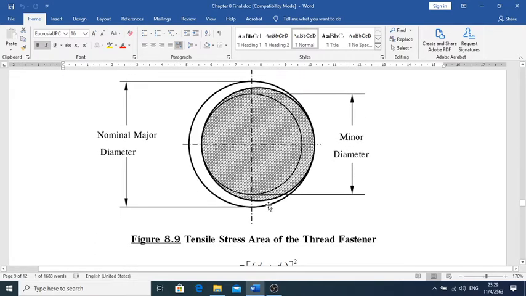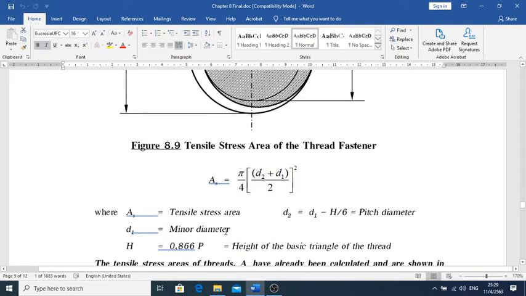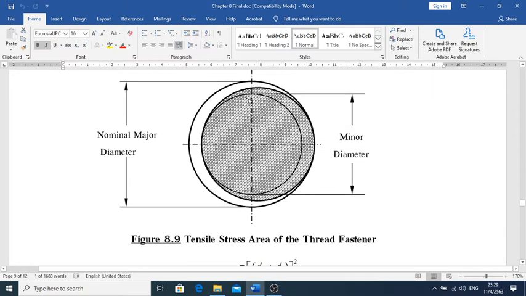Okay, 8.9. A sub S can be determined from pi over 4 times the quantity (d2 plus d1) over 2, to the power of 2. Okay, d1 and d2 are shown up there. So already it's going to be the major diameter, because it's some kind of cylindrical shape, things like that. The thread form is going to look like that.